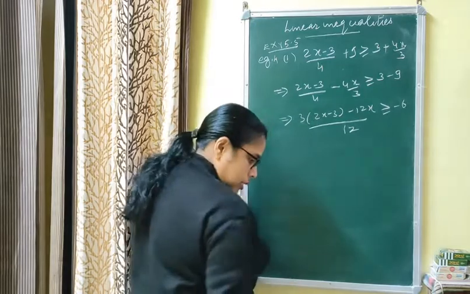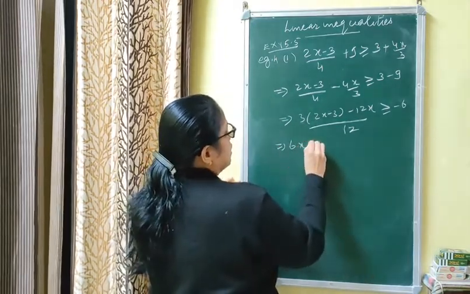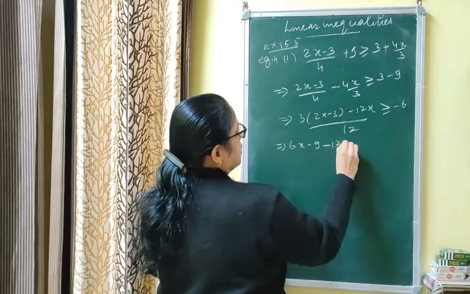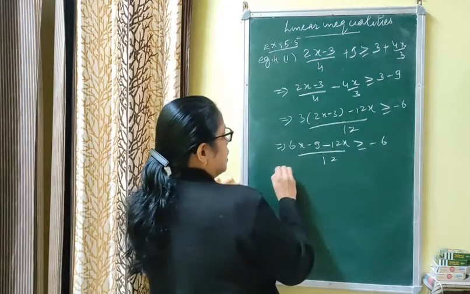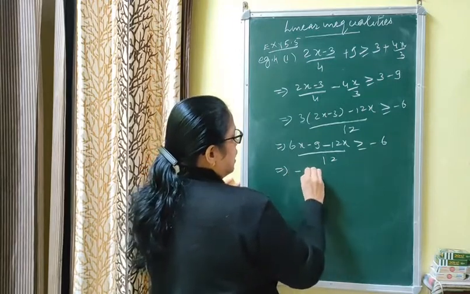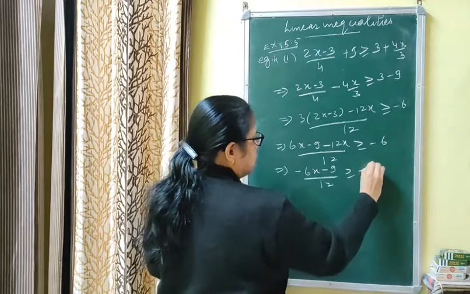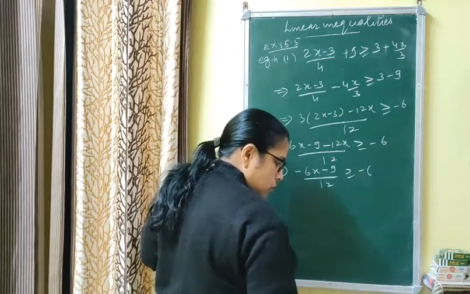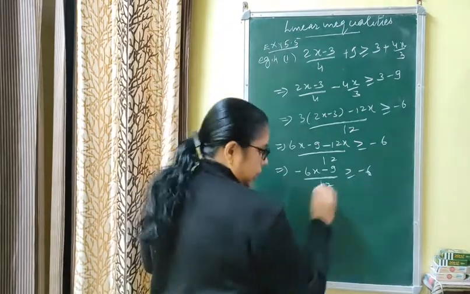That implies, by taking LCM, (3 into (2x minus 3) minus 12x)/12 is greater than or equal to minus 6. Now, by solving this, you will get (6x minus 9 minus 12x)/12 is greater than or equal to minus 6. That means (minus 6x minus 9)/12 is greater than or equal to minus 6. Now, if you want to simplify it, you can simplify it.